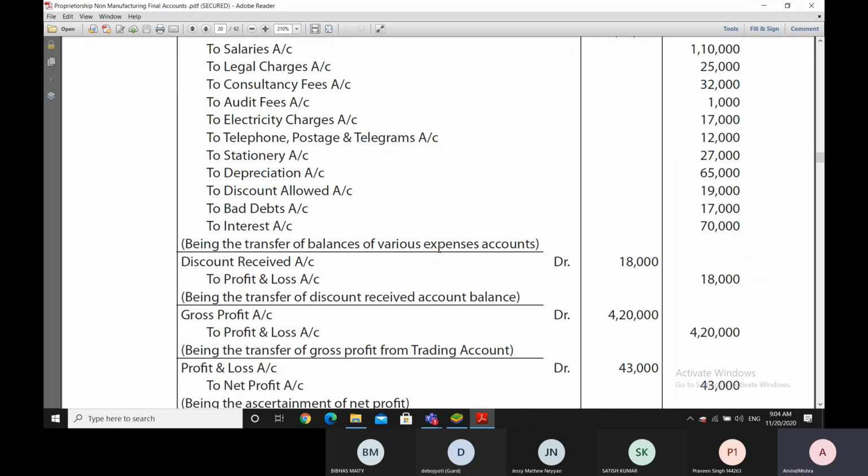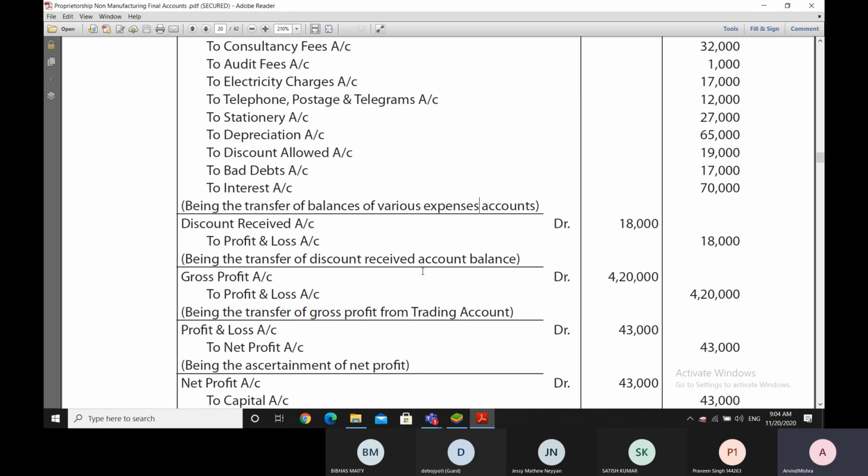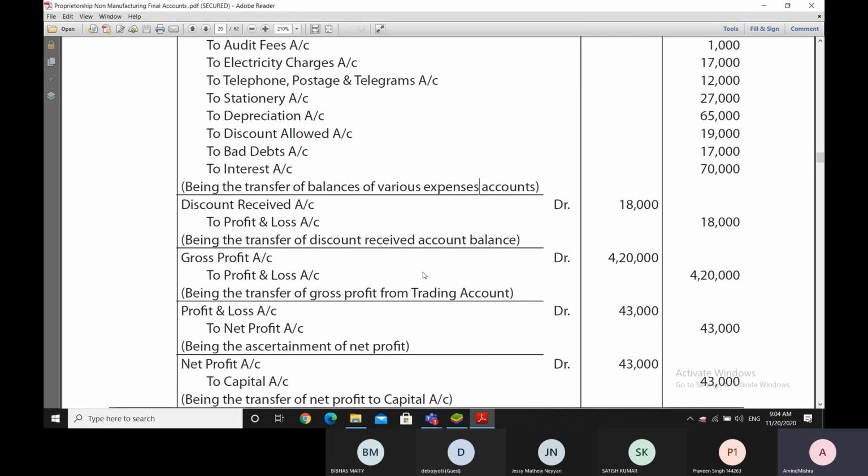Similarly, discount received account would be debited, and profit and loss account would be credited, because this is a gain or an income, and we also have transferred the gross profit which we derived in the trading account, so to the profit and loss account by crediting the profit and loss account and debiting the gross profit account.